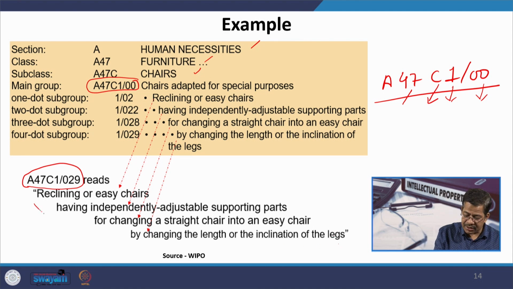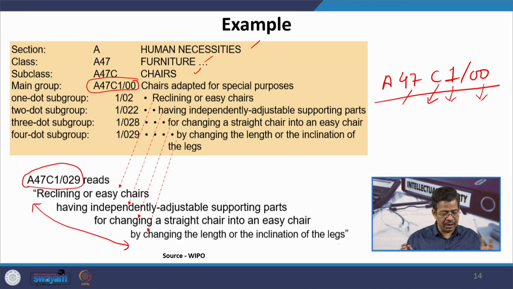So, this becomes the complete description of this particular detailing, because you see 1 dot is one thing, 2 dot is 2 things, 3 dots is changing a straight into an easy chair, and that is why this is the complete description of this particular classification scheme.